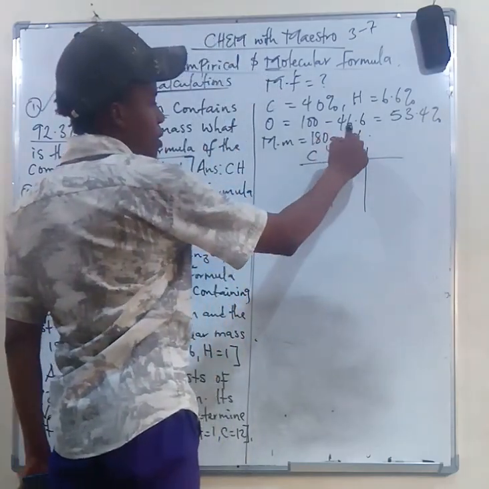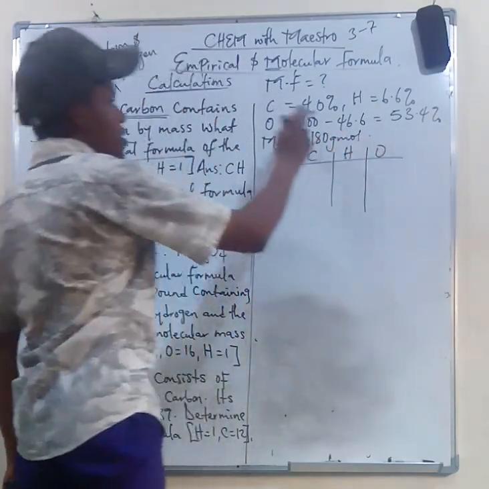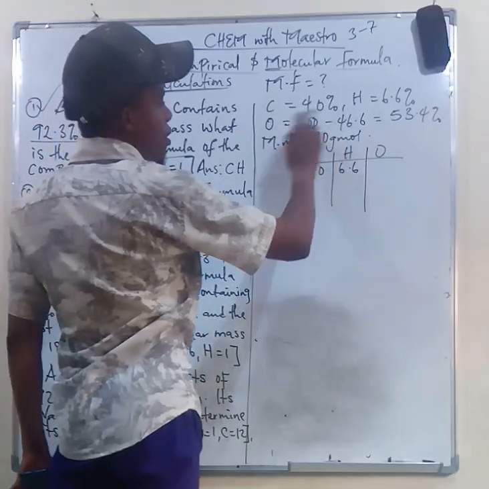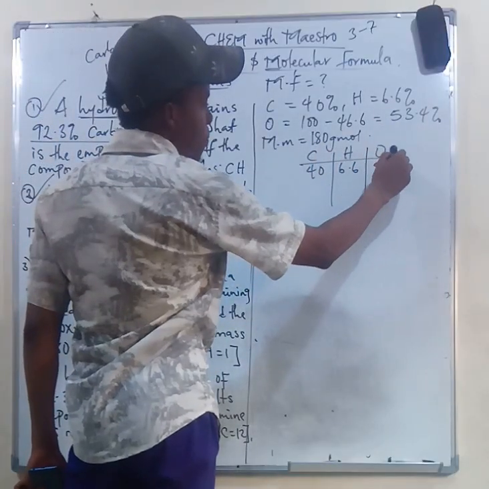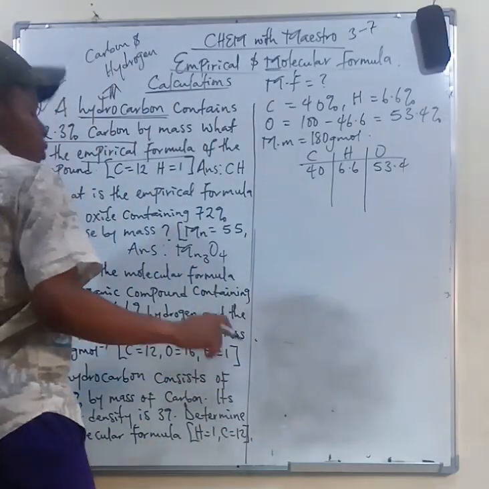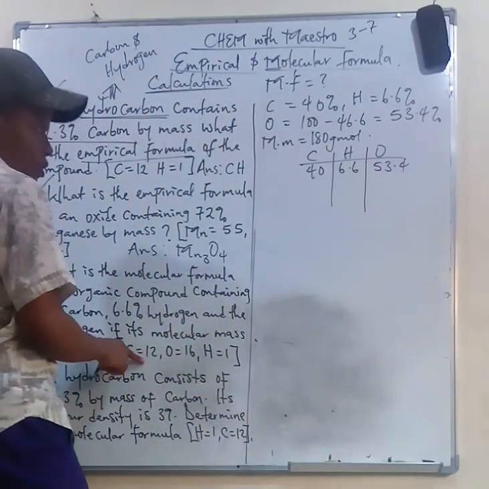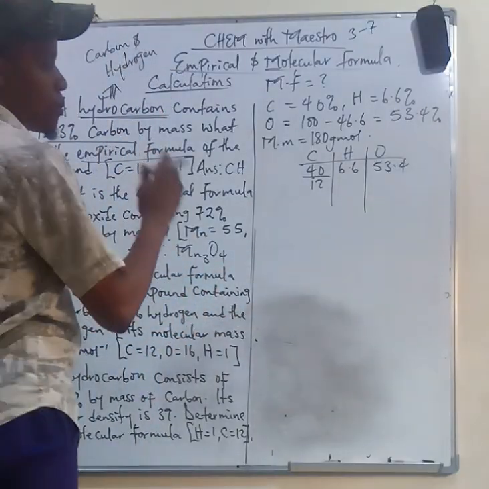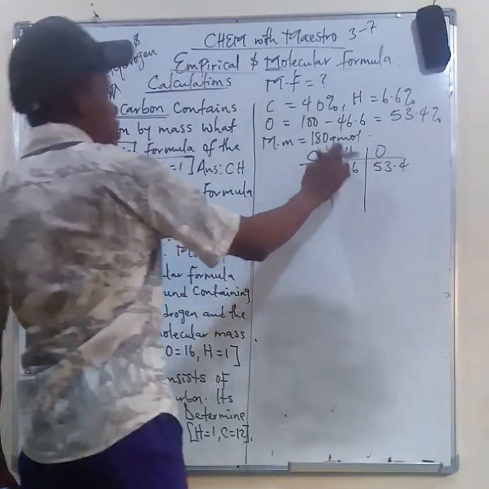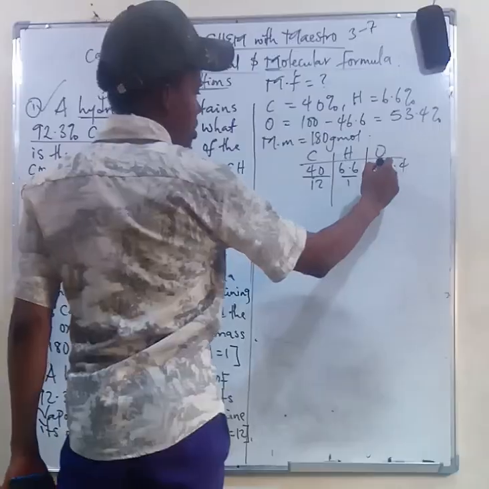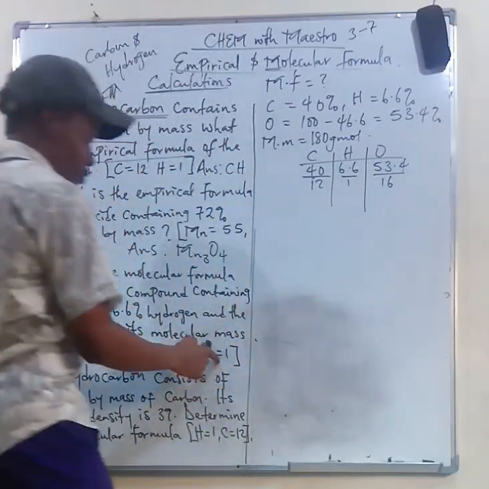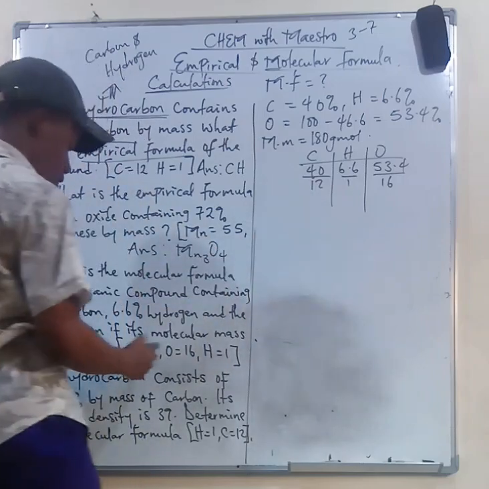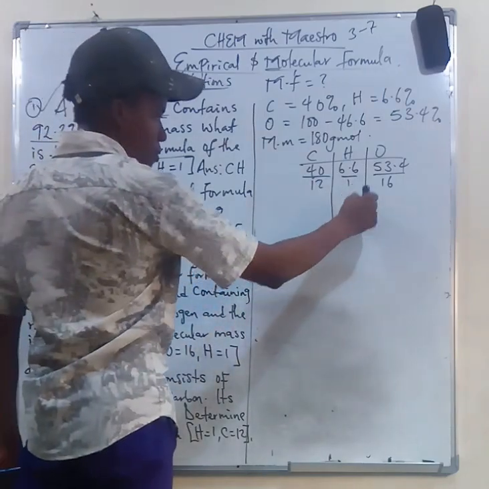So we have carbon, hydrogen, and oxygen. They are the ones present. Percentage of carbon is 40, hydrogen is 6.6, oxygen is 53.4. Now what is the molar mass for carbon? 12. So we're going to divide through by their molar masses. Hydrogen is 1, oxygen is 16, carbon is 12.